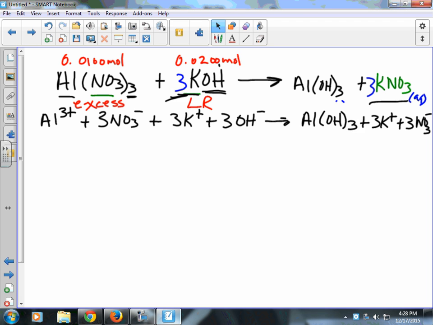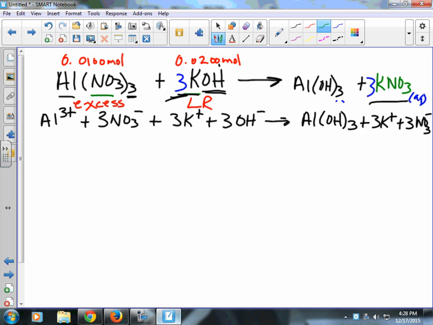I looked at the two answers, and the one that formed the least amount of aluminum hydroxide was the 0.02 moles of KOH, so that is the limiting reactant. That means it all gets used up. It's gone, the part of KOH that is in the aluminum hydroxide. So, since that is limiting reactant, I'm going to label that on my ionic equation.